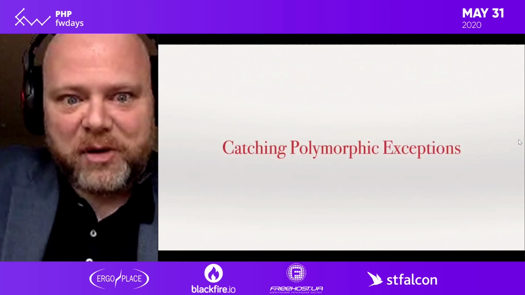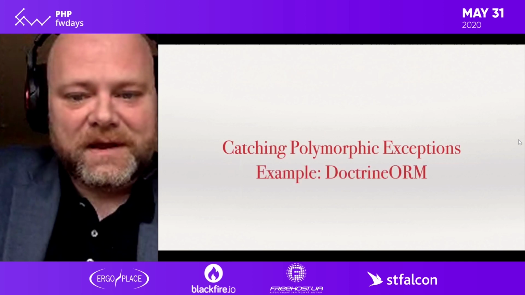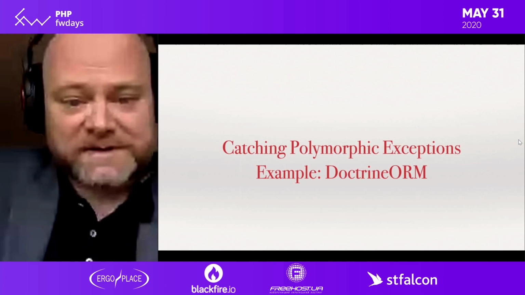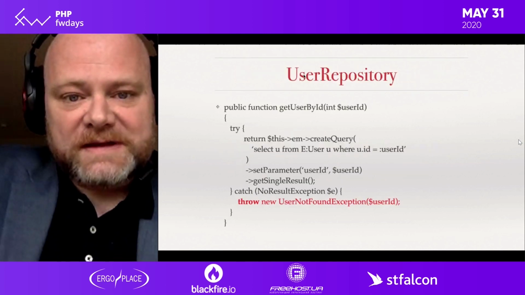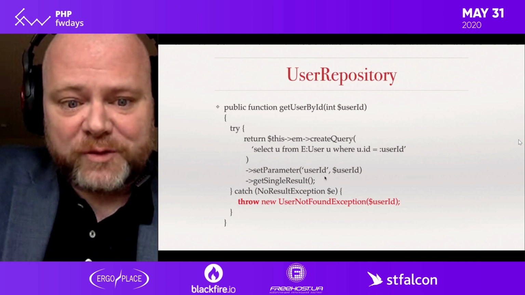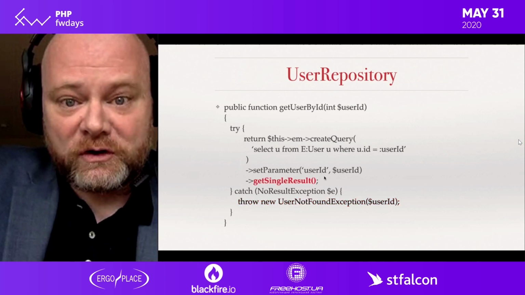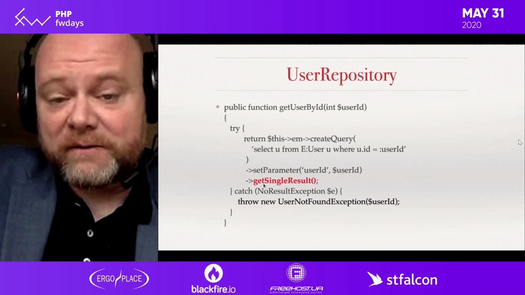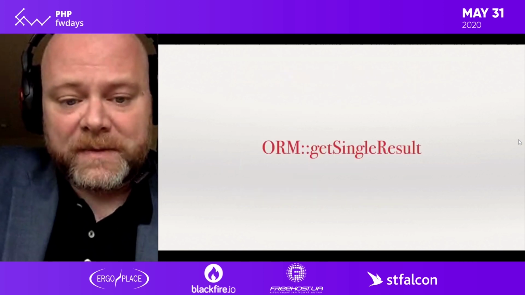All right, so now let's look at polymorphic exceptions. We're going to take a look at what Doctrine ORM looks like. So this is my user repository that we looked at earlier. And you will see that in this repository, I call a method called get single result, right? Get single result exists as part of the Doctrine API.